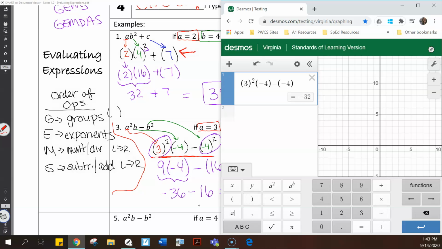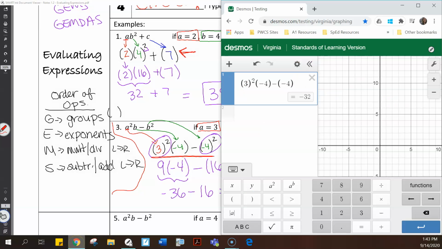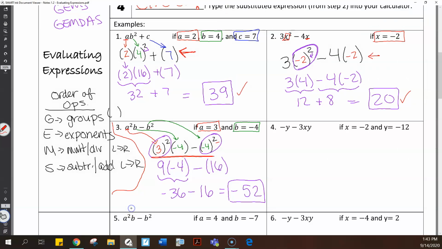Okay, I can see that I got 32 in Desmos, which is not what I got here. So let's do some troubleshooting. It helps if I don't forget a whole square. Now, there we go. So I make sure I type it in. I can check to see that they match. I did get -52, which is what I got when I did it by hand as well.